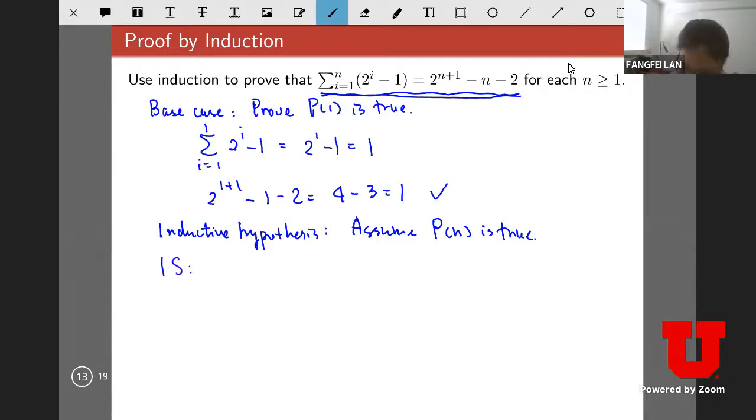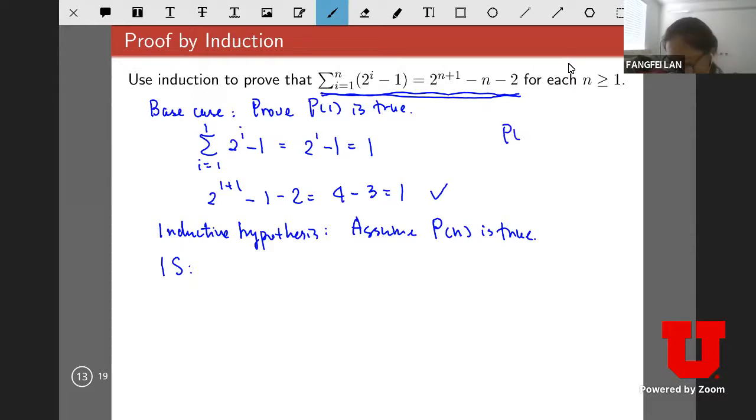And then what is the inductive step? Then prove Pn plus 1 is true, right? So there is an answer in the chat that says prove that Pn minus 1 is true. So you need to prove the next one. If you assume that Pn minus 1 is true in the inductive hypothesis, you prove that Pn is true.